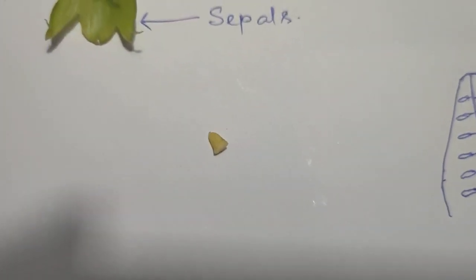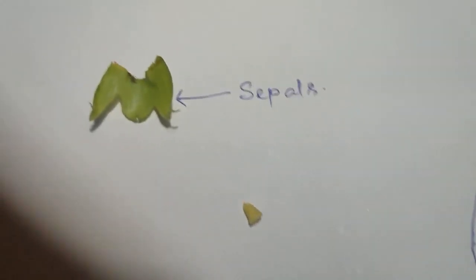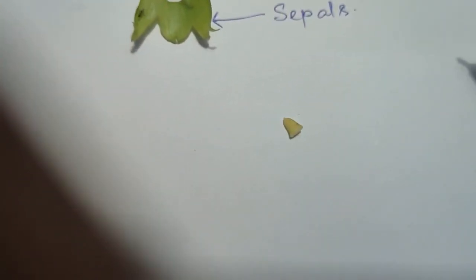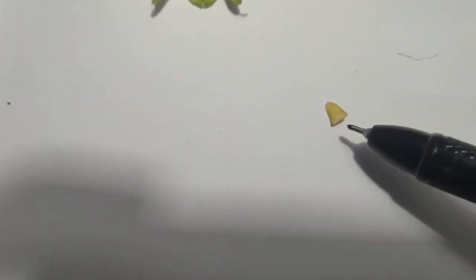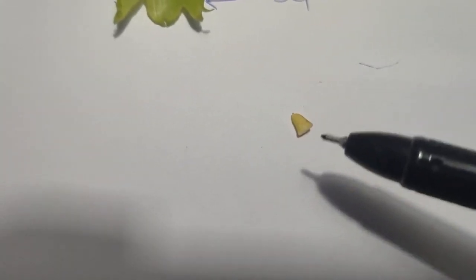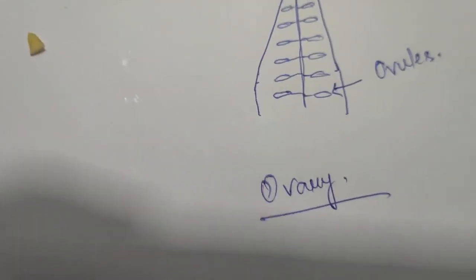After dissecting the ovary, I found that the structure is like this, but through this camera it is not possible to see what is actually inside. Only under the microscope will the things be visible to us. So I have drawn the image of what I have seen with the naked eye. The thing appears like this.